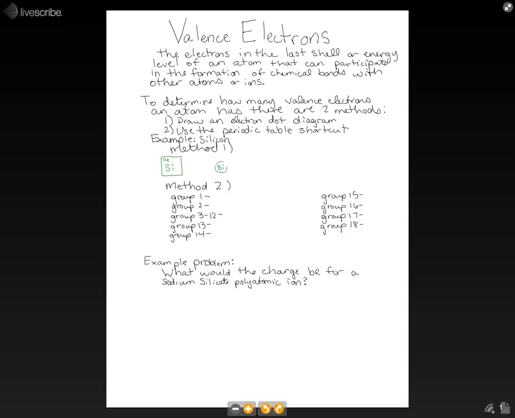Our first orbital, we know, has 2 electrons in it, so we put 2 dots around it. The second one can hold 8 electrons, so that gives us 3, 4, 5, 6, 7, 8, 9, 10.